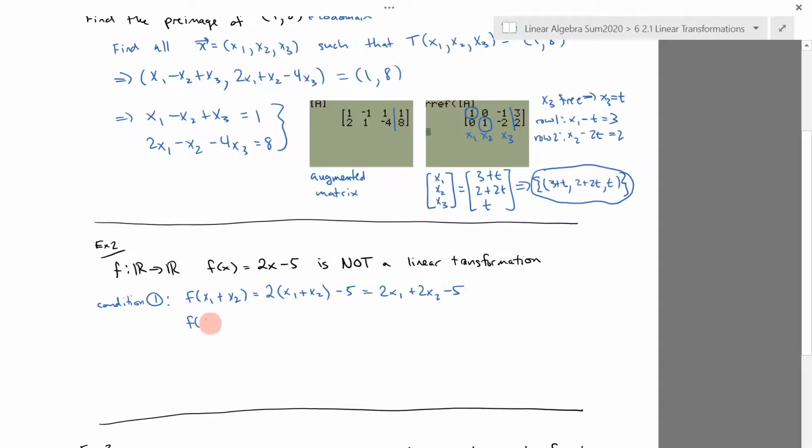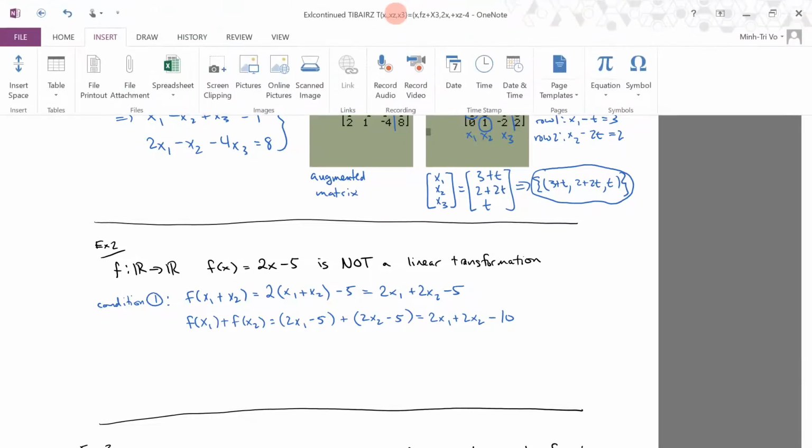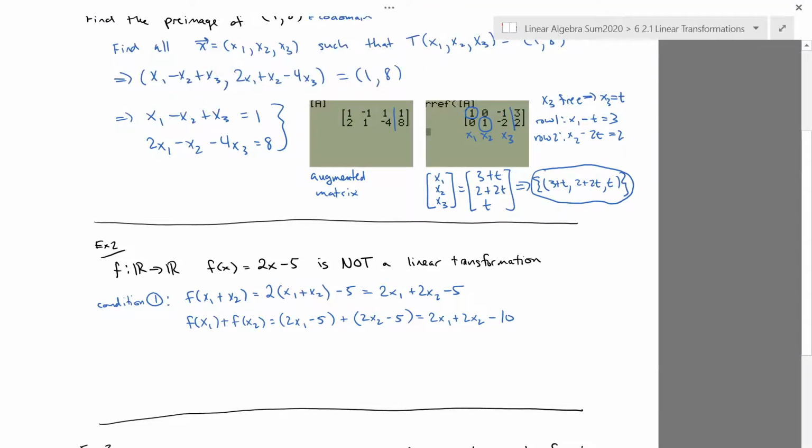But if I calculate it the other way, f of x1 plus f of x2, I transform x1, that's 2x1 minus 5, and then I transform x2, which gives me 2x2 minus 5, and if I put this together, I get 2x1 plus 2x2 minus 10. You can see this is not the same. So condition 1 fails.